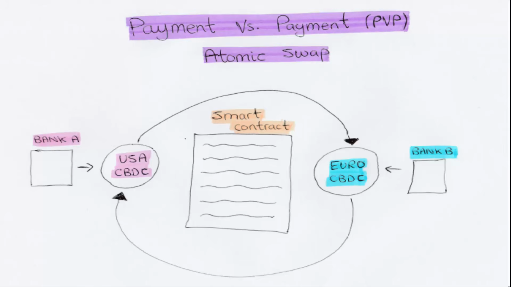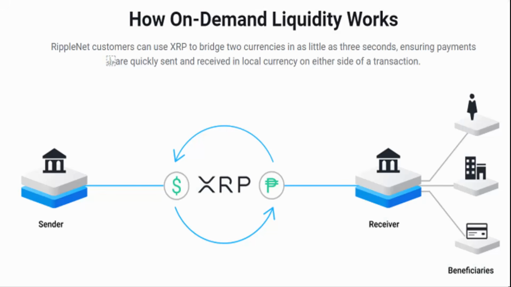So imagine you have two CBDCs, for example, a US-based CBDC and a Euro-based CBDC, and they're both swapped and exchanged between each other directly. And that's a payment versus payment arrangement using CBDCs. So in this method, there is no intermediary bridging asset, because we know how it works with the XRPL: there's an intermediary asset, and that's XRP.